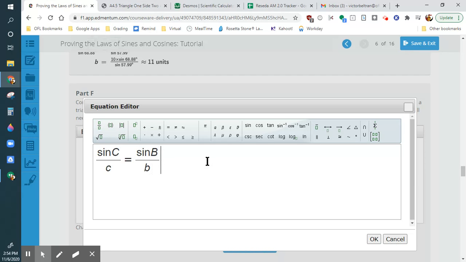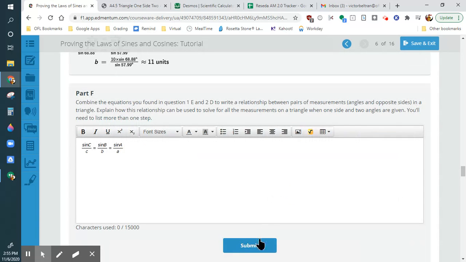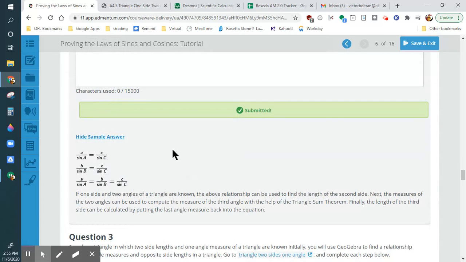And because of the transitive property, if that's equal, we can also say that sine of big A over little a. And of course, we can always flip these over if we want. So we're combining those ideas here. And you can also flip them over to have them like they do.